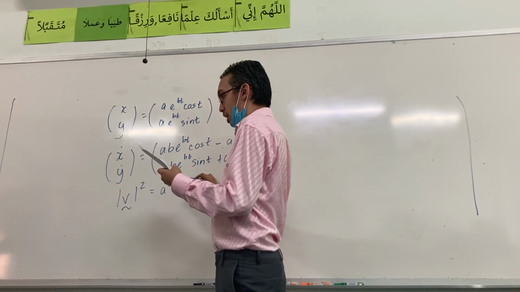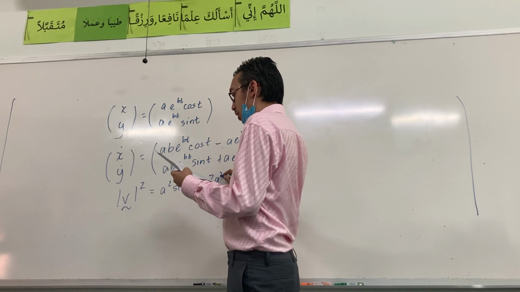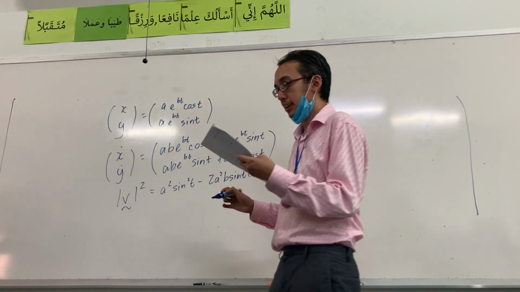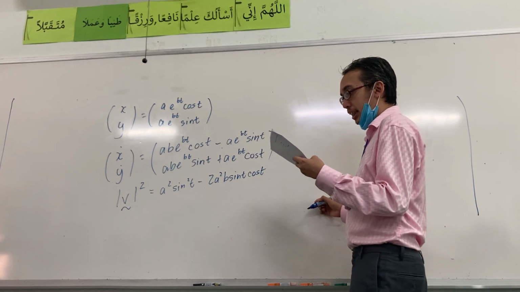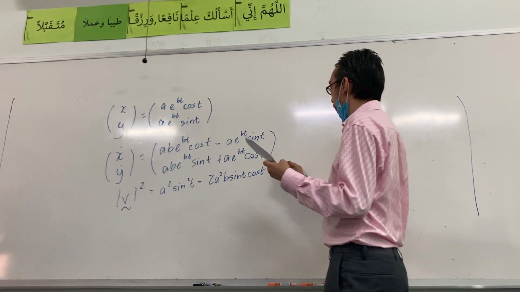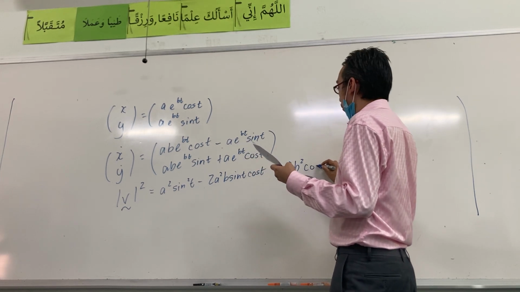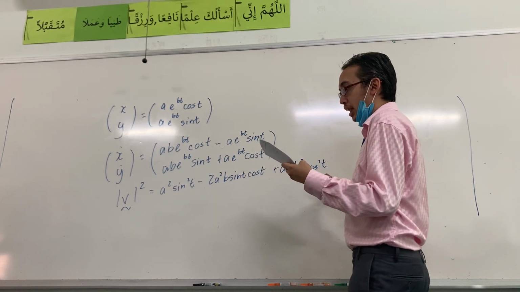sin t minus 2a² b sin t cos t, then a² b² cos² t.